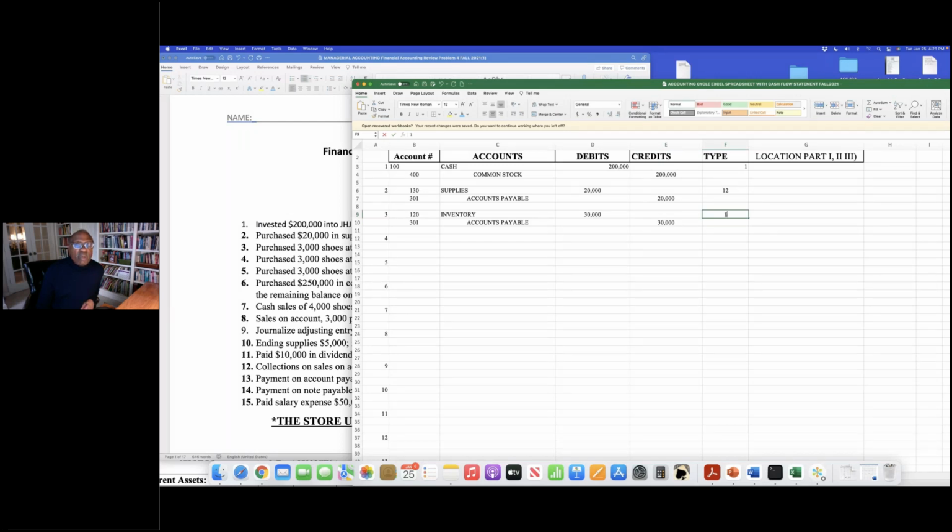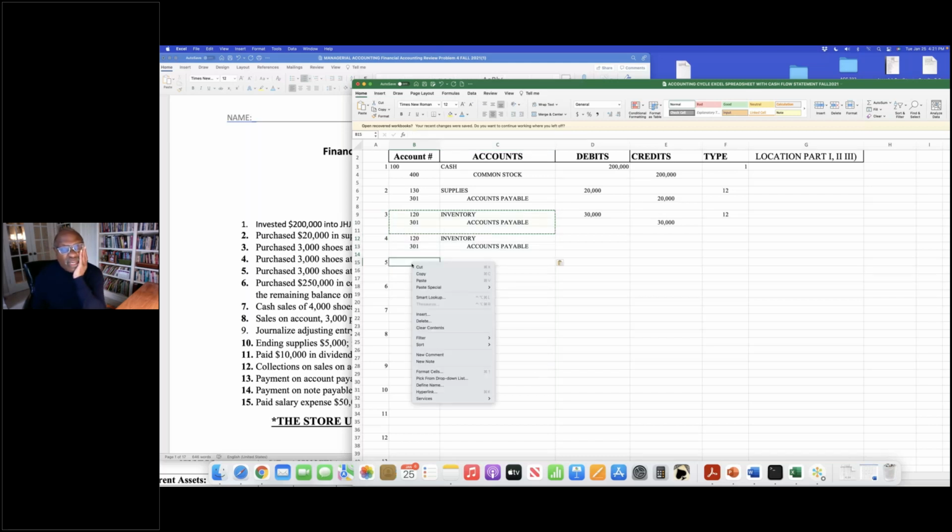And we will repeat this two times. So each time we purchase that inventory on account, same account numbers, same type, 12.